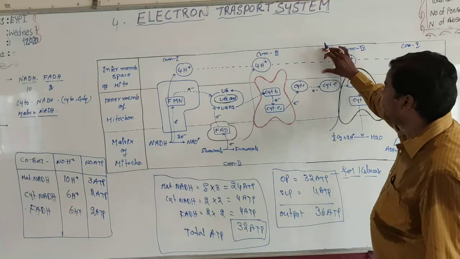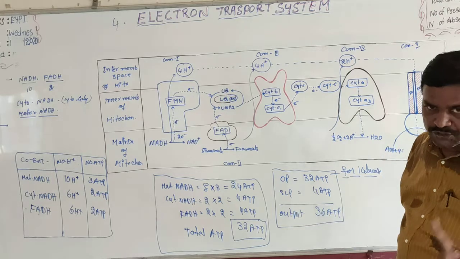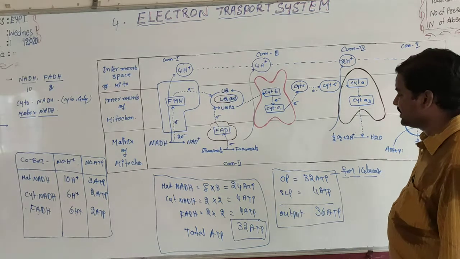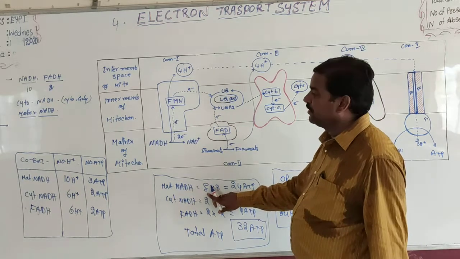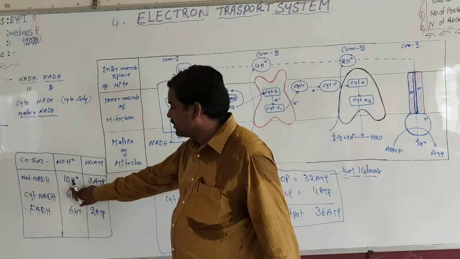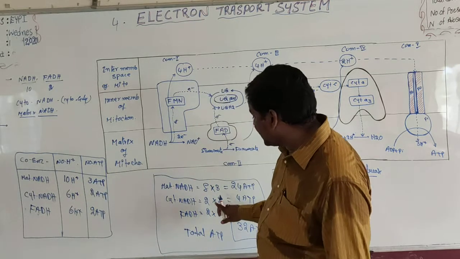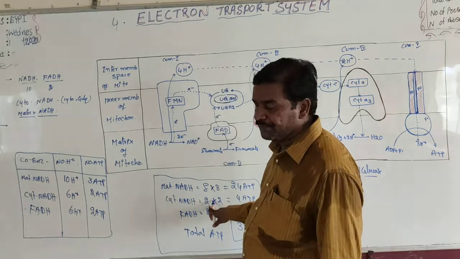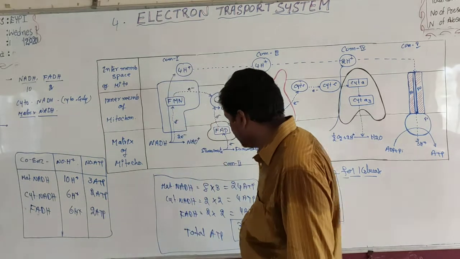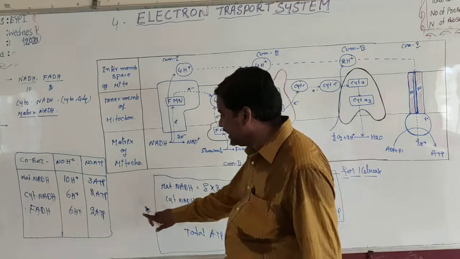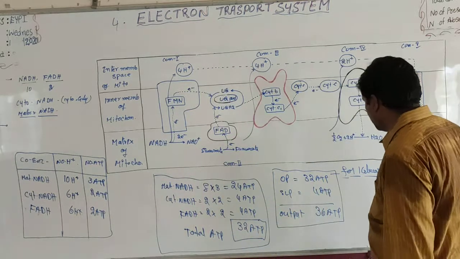How many NADH molecules are there? 8. Each contributes 10 H+, 8 into 10, 80. Cytosolic NADH2, each contributes 6, 2 into 6, 12. FADH2, each contributes 6 H+, 2 into 6, 12.